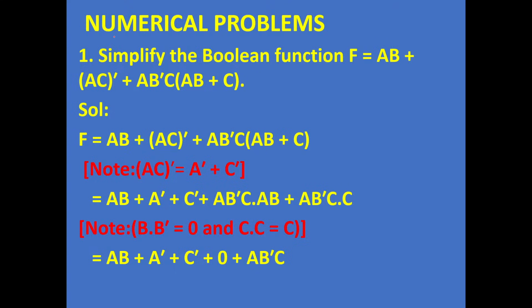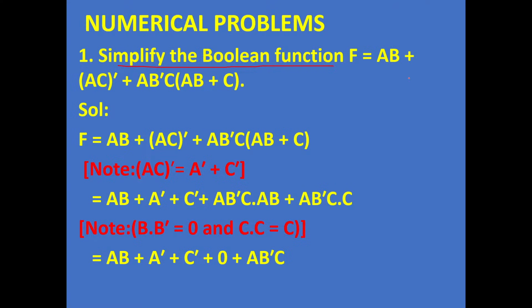So let us see how to reduce these complex expressions into simpler form. See here, you just copy it down. Here we have to simplify the Boolean function. That's what our question is. So what is our function here?